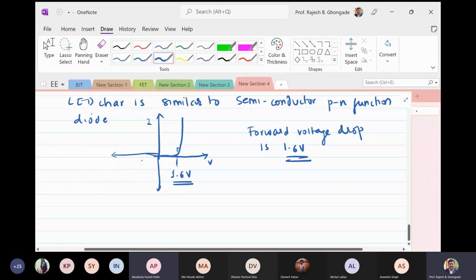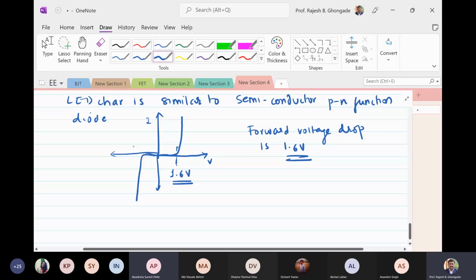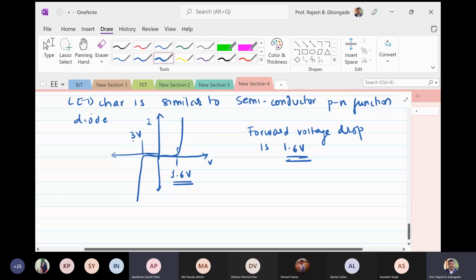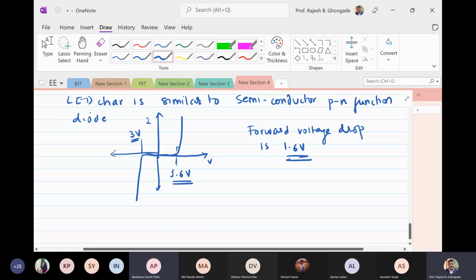In case of silicon PN junction, it was more than 50 volts and so forth. But here the reverse breakdown is very less. It is about 3 volts. So you have to take care while using an LED that you never let it be reverse biased by voltages more than 3 volts. This is very, very essential.